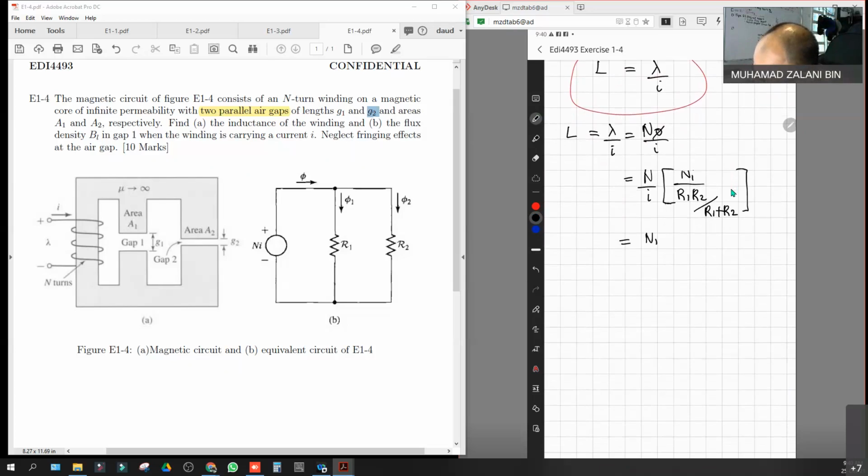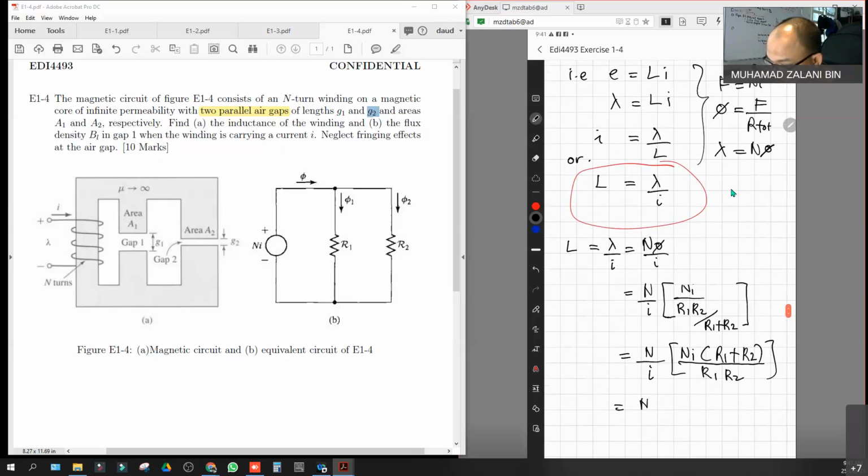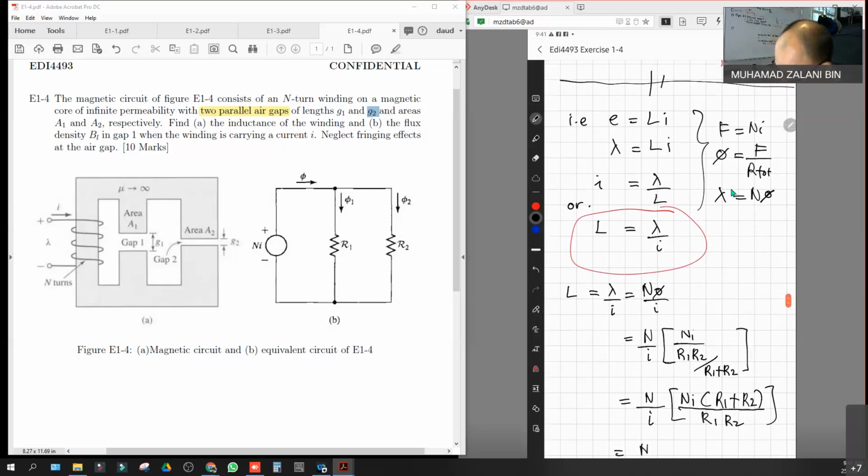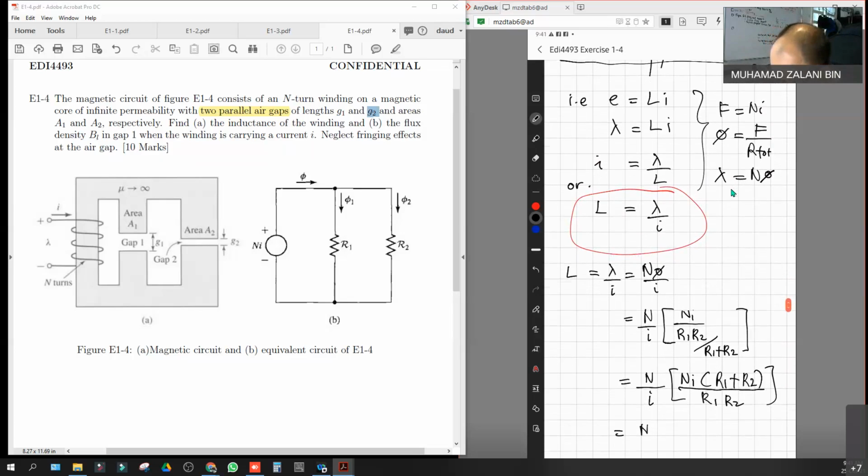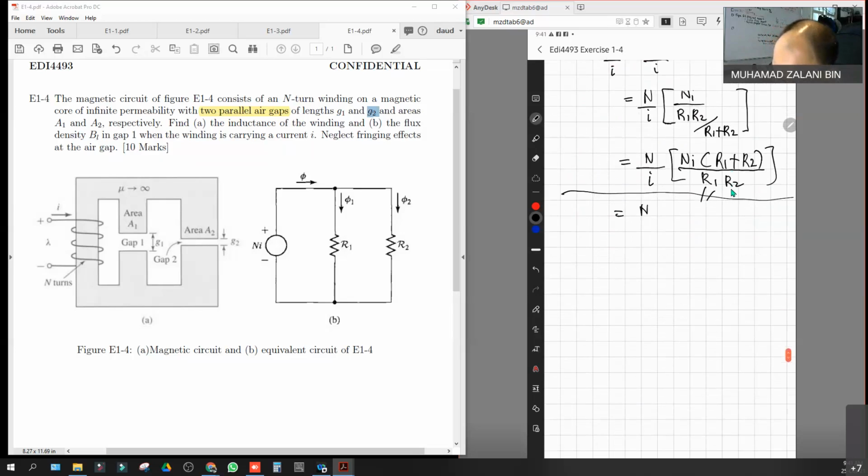So N by I, and I R1 plus R2 divided by R1 R2. So expand this equation. I need to define my borderline. This is my borderline. So this one has to go down a bit, otherwise it will get cut off.